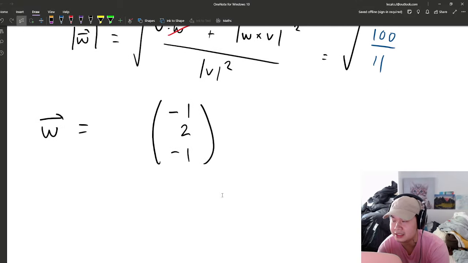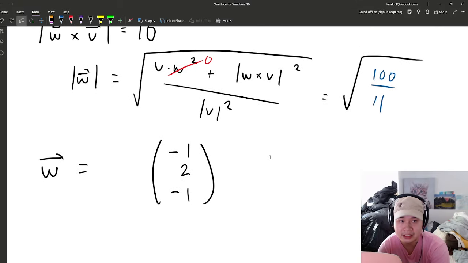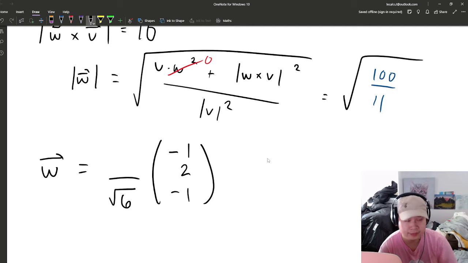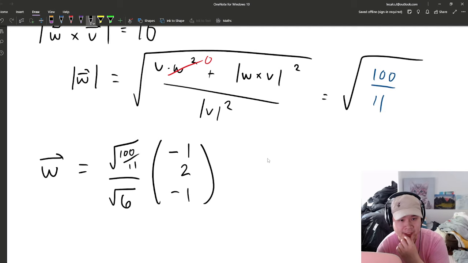So W is in the same direction as U cross V, but first we create a unit vector. So we're going to divide this by root 6. So now it's a length of 1. And then we multiply it by the length that we do want it to be, which is 100 over 11.